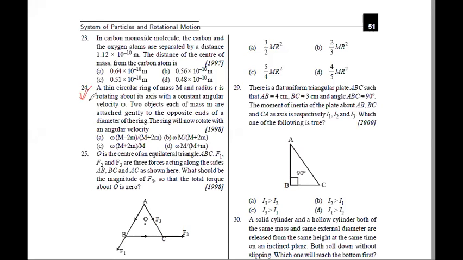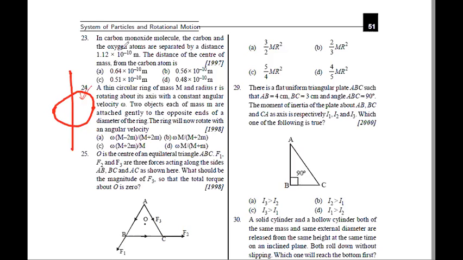See, why I'm saying 24, let's see what happens. A thin circular ring of mass m and radius r is rotating around its axis, rotating like this. Now two objects, each of mass m, are attached gently to the opposite ends of a diameter like this.